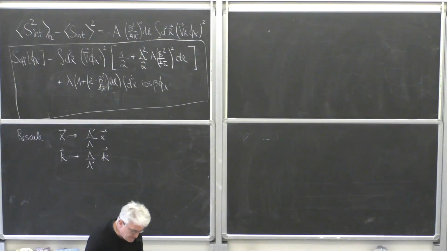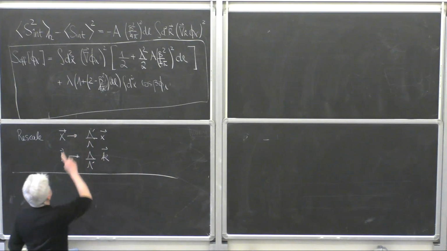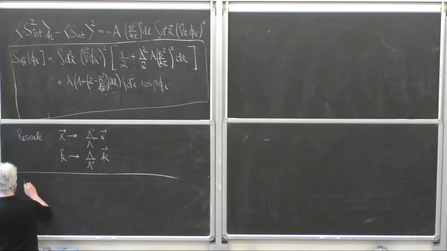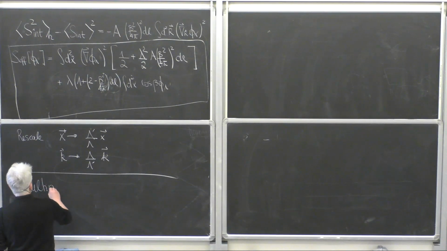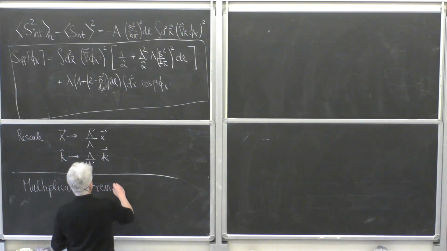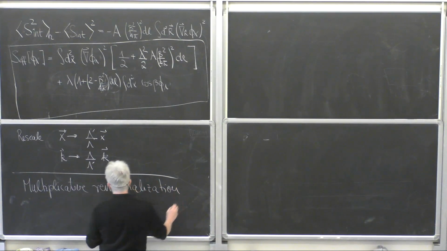Okay. So now we want to deal with this renormalization of the Gaussian part of the action. In order to deal with this, we have to introduce a multiplicative renormalization of the field.